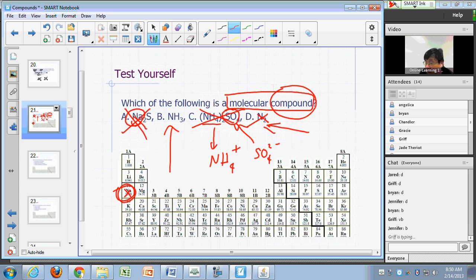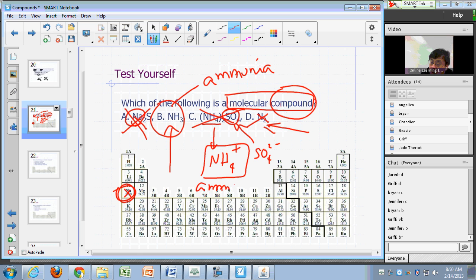So nitrogen is not a compound. N2 is a molecular element. So the compound here is NH3. This compound is called ammonia. Don't confuse that with ammonium, AMMONIUM, which is the ion. In fact, that's what happens when your ammonia molecule picks up a hydrogen ion from an acid.